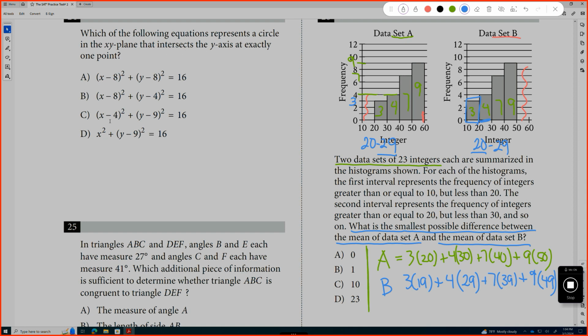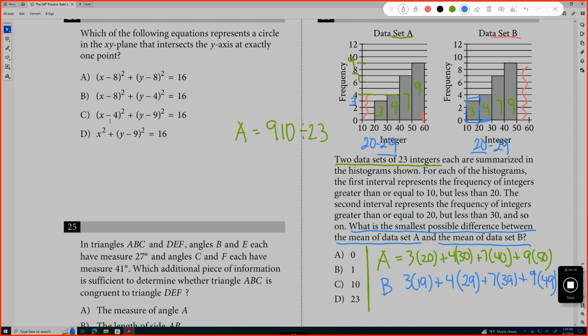So, continue to find the average of A. We find that when we multiply and add the values of A, they are equal to 910, and then we have to divide that by 23.